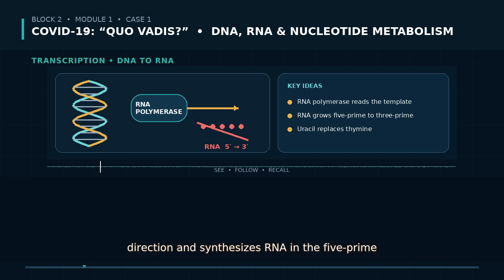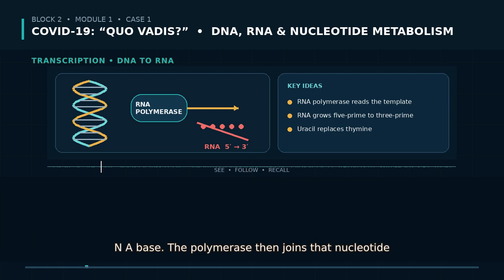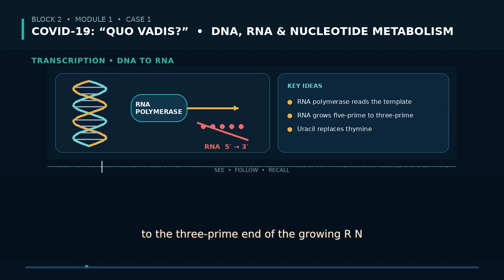The result is that the information stored in DNA has been transferred into a complementary RNA sequence. For a protein-coding gene in a human cell, the first product is usually precursor messenger RNA. This precursor is processed in the nucleus before mature messenger RNA passes through a nuclear pore into the cytoplasm.